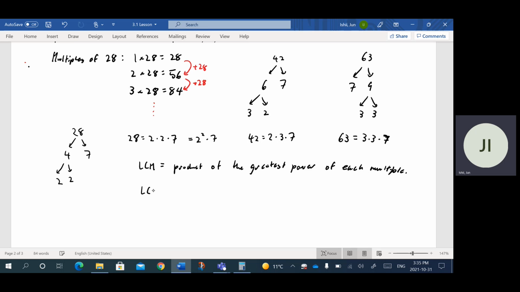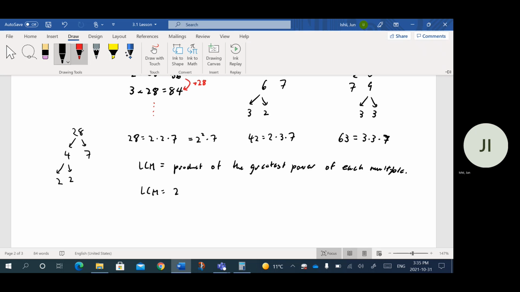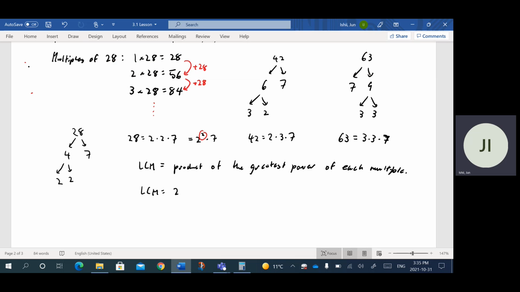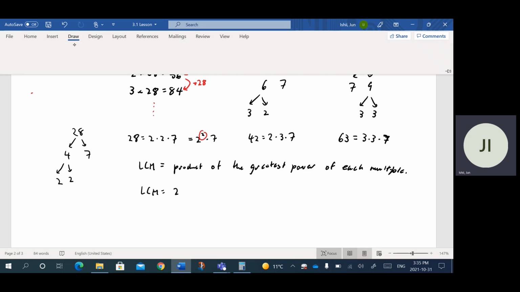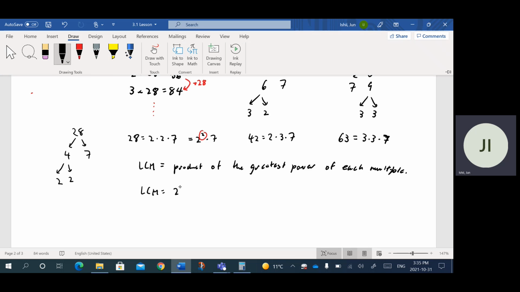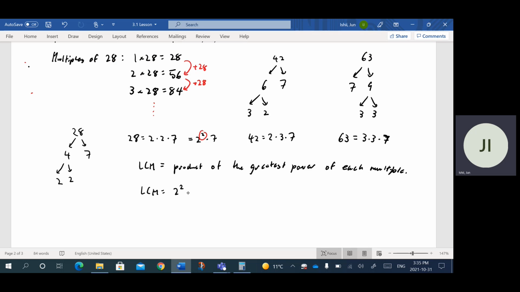The highest power of 2 that shows up is 2 squared here, while I have a single 2 in the others. In the least common multiple, I want to count the highest power, so 2 squared. For the 3, I could write 63 as 3 squared times 7, so the highest power of 3 is 3 squared.